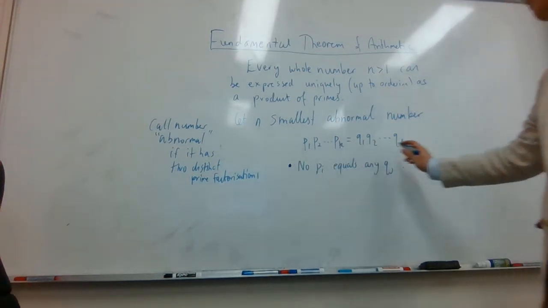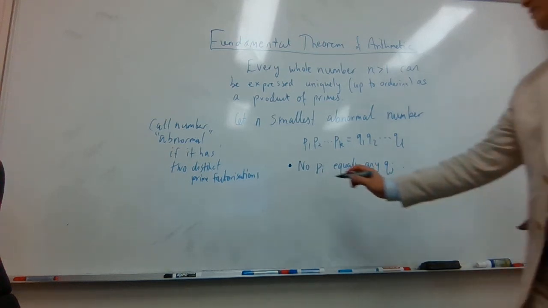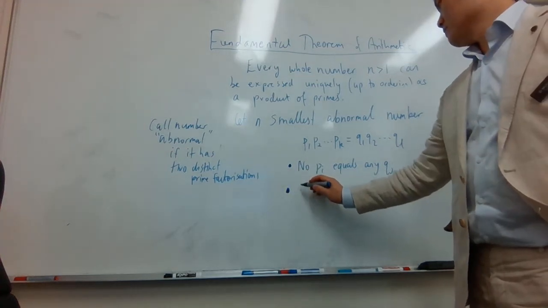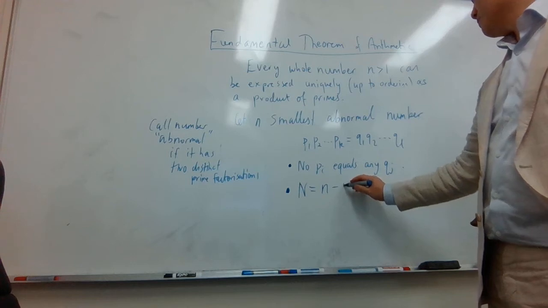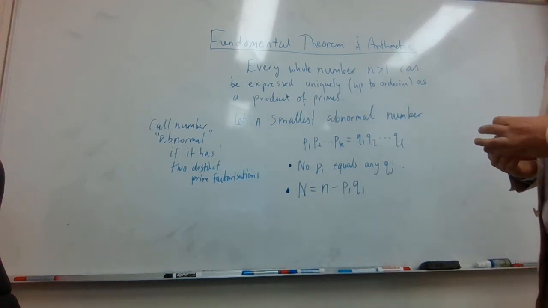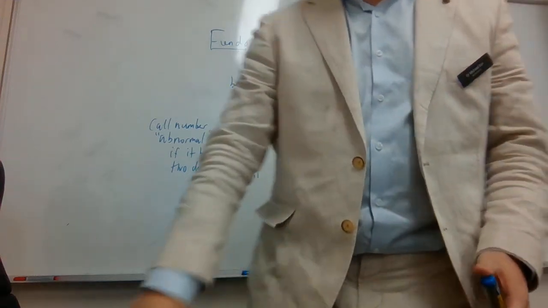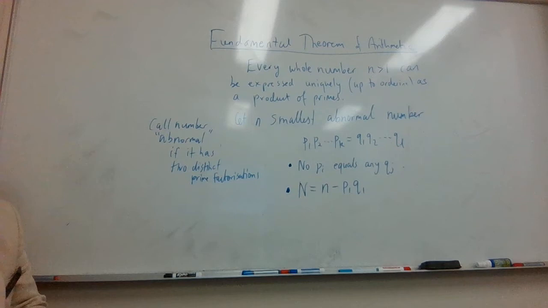So there's no overlap at all between the P's and the Q's. And then we consider this number big N equals little n minus P1 Q1. Let's see what that gives.